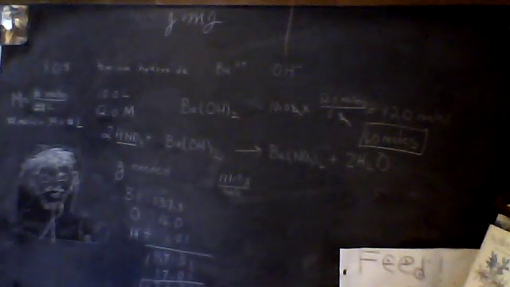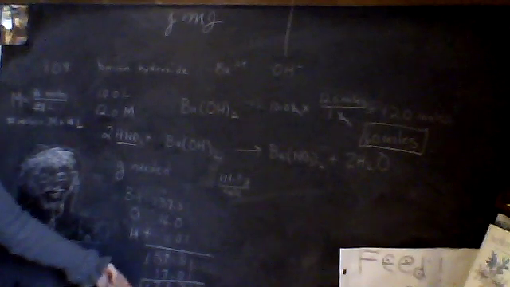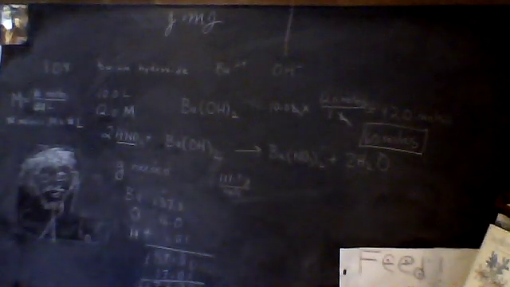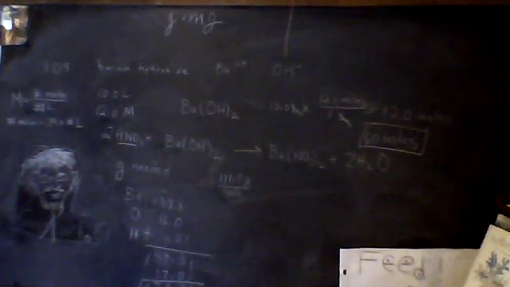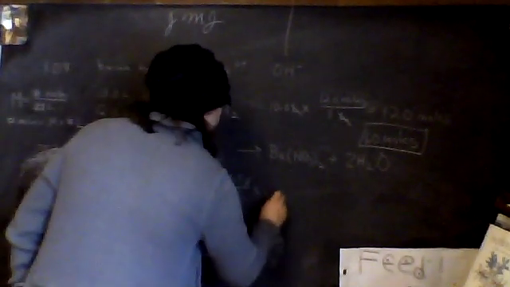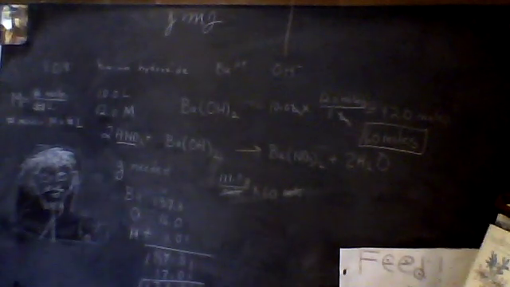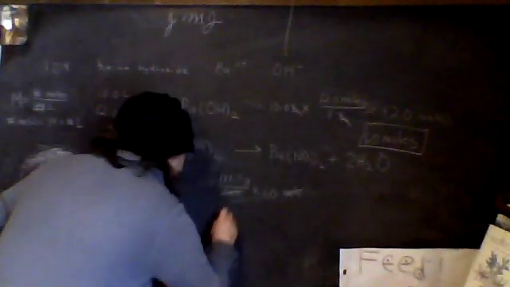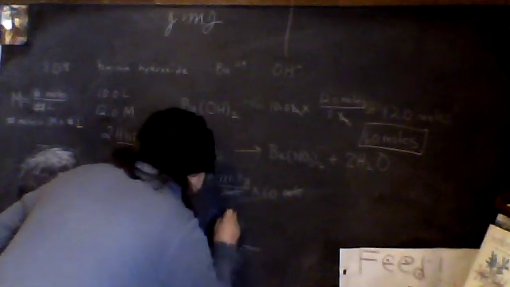We could also say 1 mole per 171.3 grams. But we're going to use this conversion unit times the number of moles that we have. How many moles do we have? 60. Moles will cancel, and we have 171.3 times 60, which is 10,278 grams.